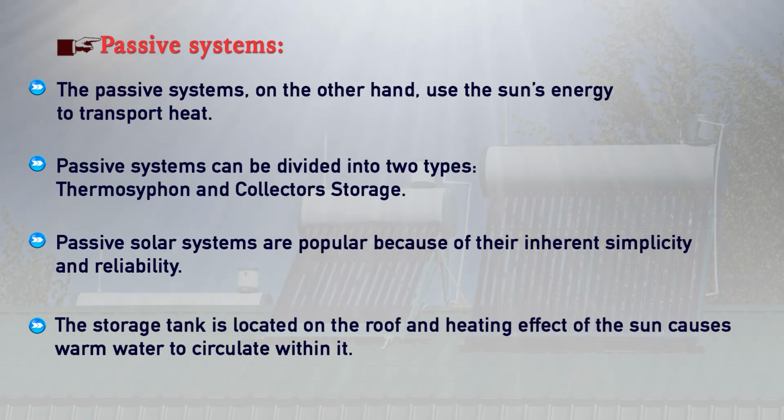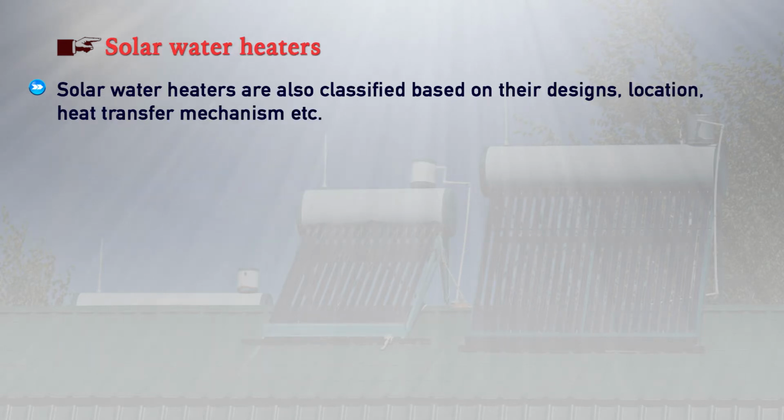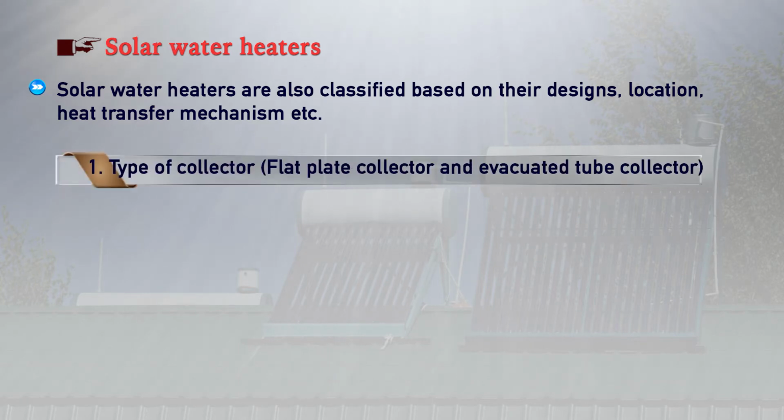The storage tank is located on the roof, and heating effect of the sun causes warm water to circulate within it. Solar water heaters are classified based on their design, location and heat transfer mechanism. So it can be classified as, first, type of collector, and under the type of collector means flat plate type collector and evacuated tube collector.